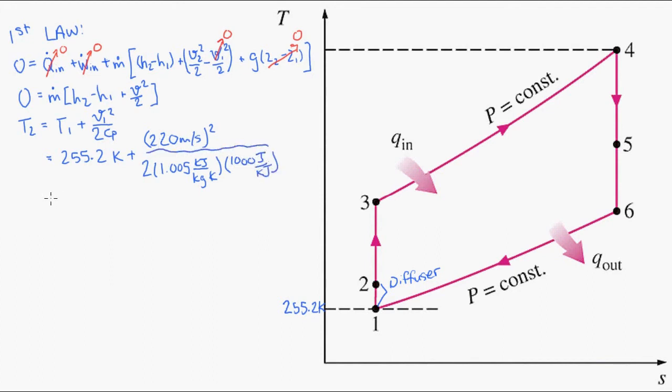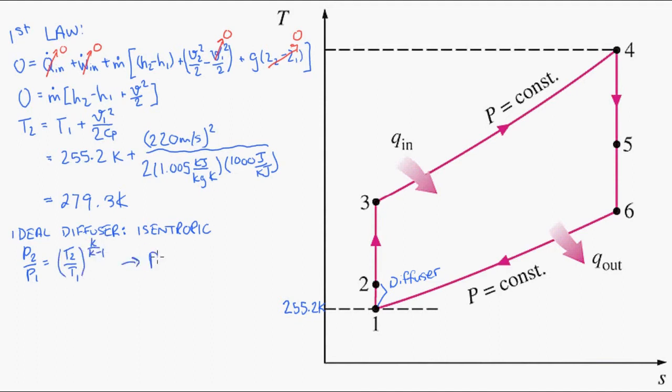So when we solve this equation, we get T2 is equal to 297 Kelvin. Since this is an ideal diffuser, we assume that entropy is constant. And using our isentropic formula, we can calculate the pressure at state 2, the inlet to the compressor.